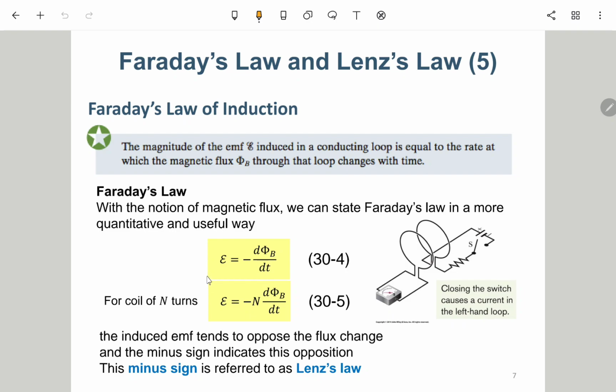Up till now we know Faraday's law has a form like this or that, depending on whether it has one turn or multiple turns. The induced EMF tends to oppose the flux change, and the minus sign indicates this opposition.